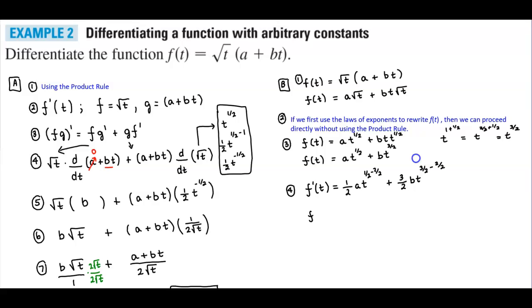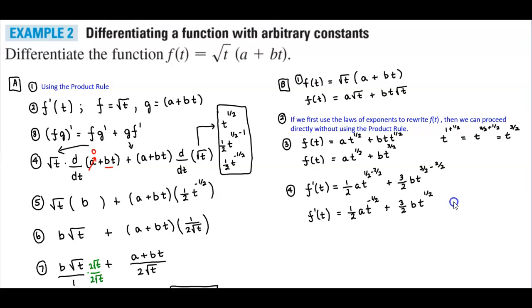And so then we get the derivative to be 1/2 times a t to the negative 1/2 plus 3 over 2 times b times t to the 1/2.